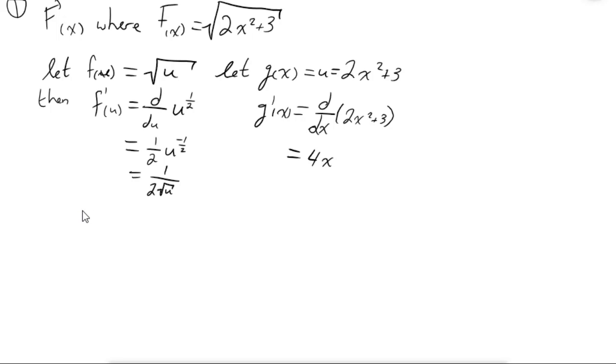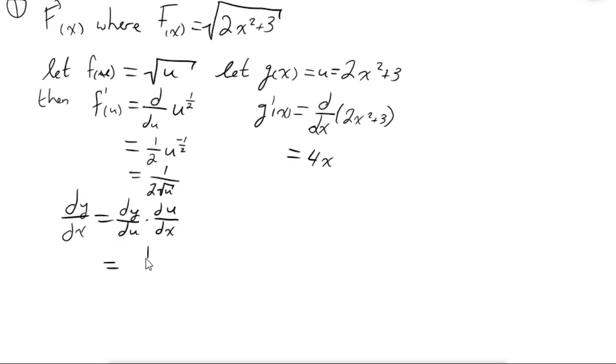We know that dy by dx is equal to the derivative of y with respect to u, multiplied by the derivative of u with respect to x, which we've already found.